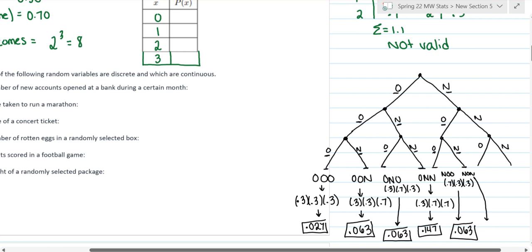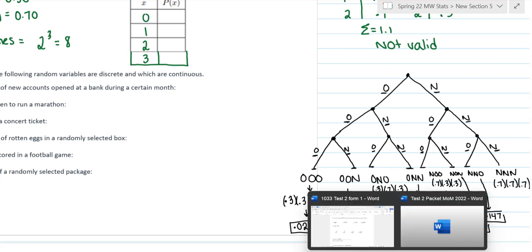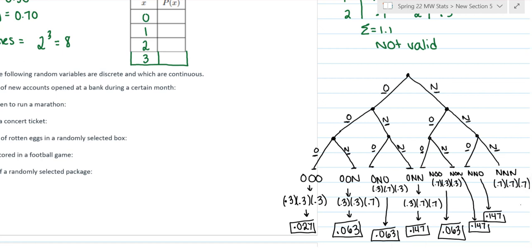That's the same as this one, so that's 0.147. Okay, then not online, not online, online, so NNO. So that's again 0.147. And then last one, all three could say not online. So N, N, N, which is going to be 0.7, 0.7, 0.7, which is going to be 0.343.